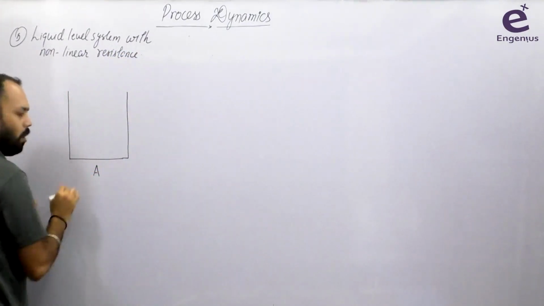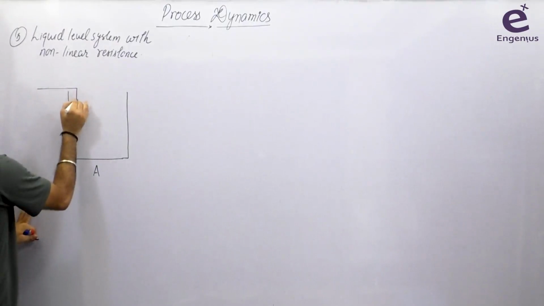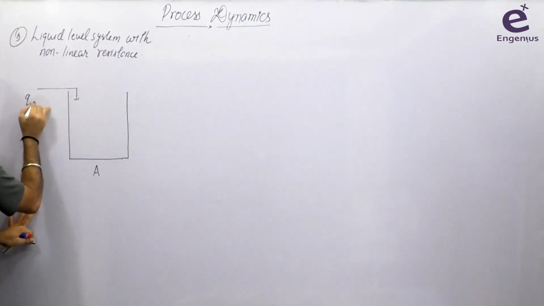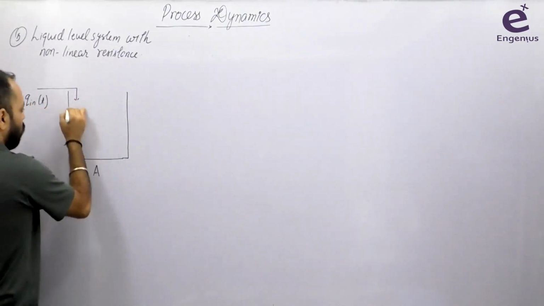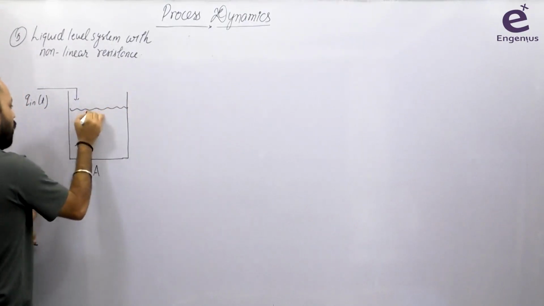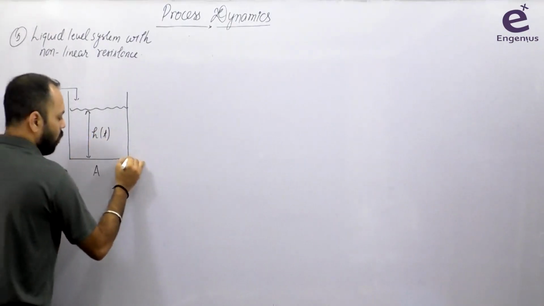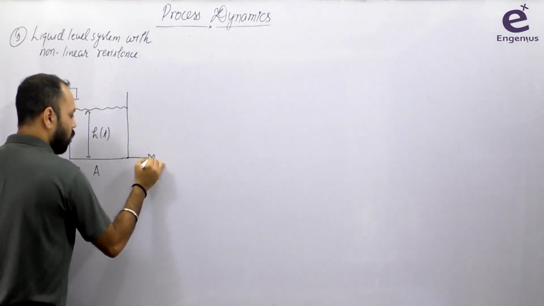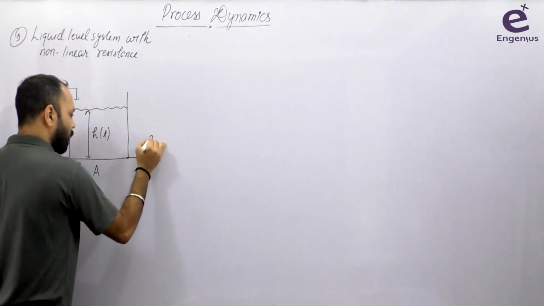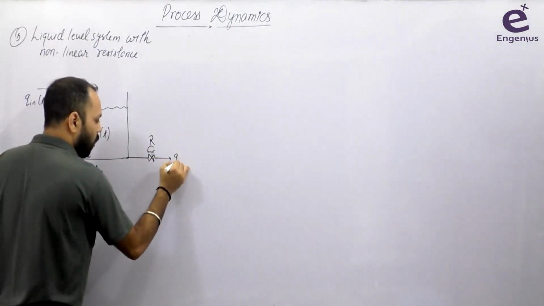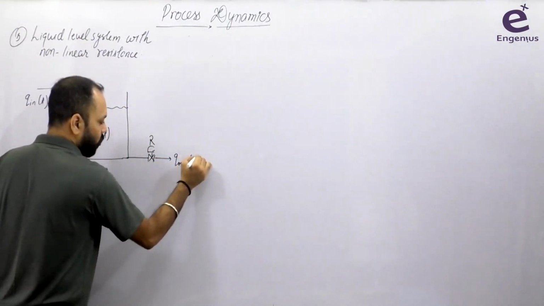Cross-section area A, density constant, process is isothermal, Qn, which is a function of time. This is the liquid level, height at a given point, which is a function of time. Valve. Now this is the problem. This thing has changed here. We'll talk about this. And Q out, which is also a function of time.